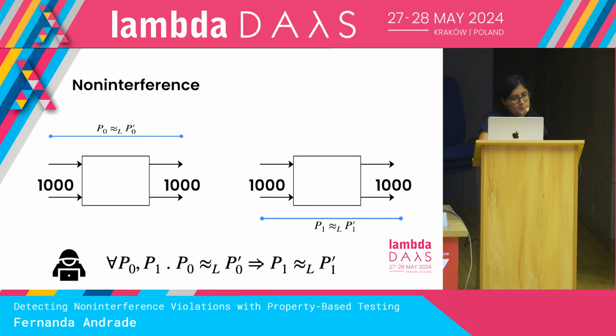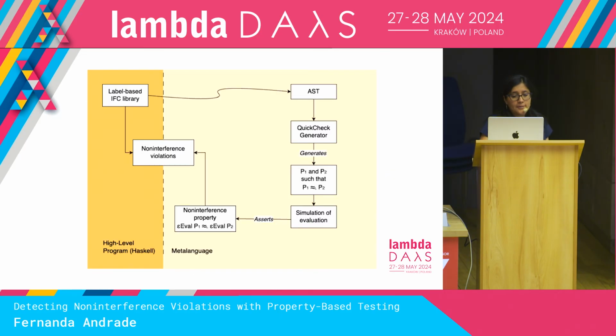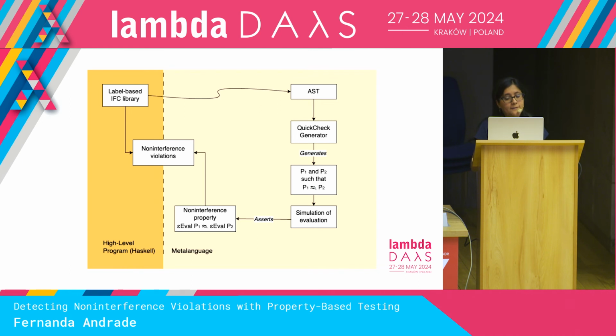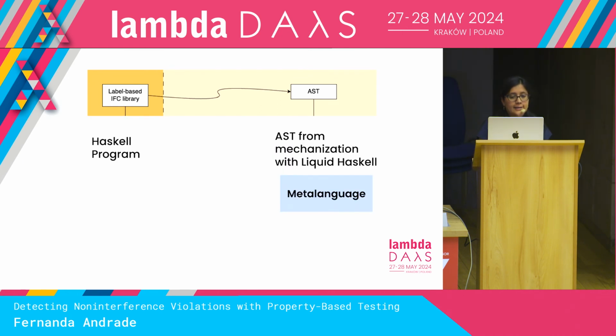This is the property that we want to test. So just to finalize this, with these concepts, we have the actual testing workflow. Our workflow begins by using the meta language. Since we are using Liquid Haskell, we have access to the meta language immediately.